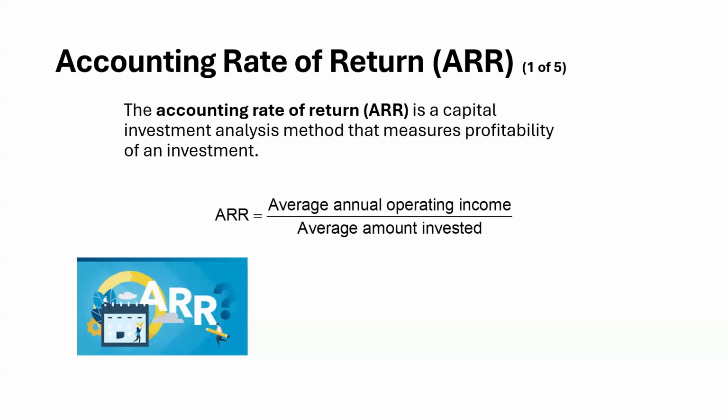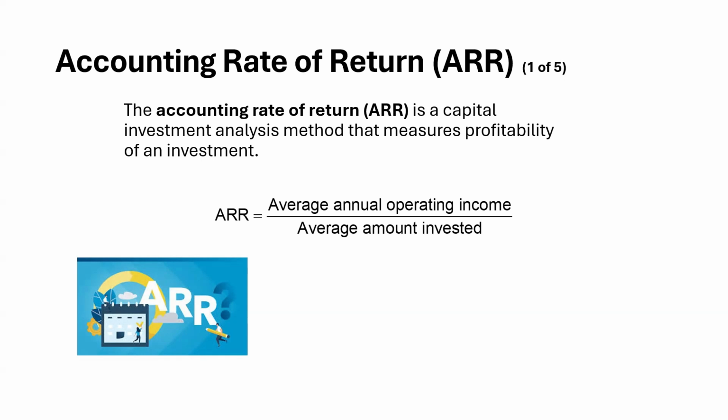The ARR method measures the average annual rate of return over the asset's entire life, so it is sometimes called average rate of return or annual rate of return. Also, notice the similarity to return on investment, ROI, which is used to evaluate investment centers.